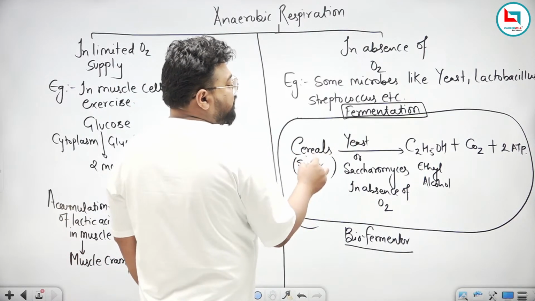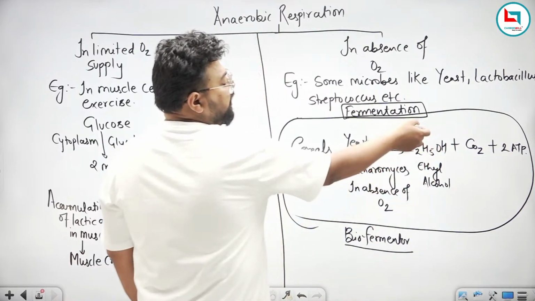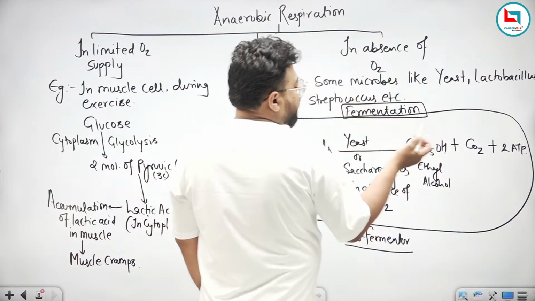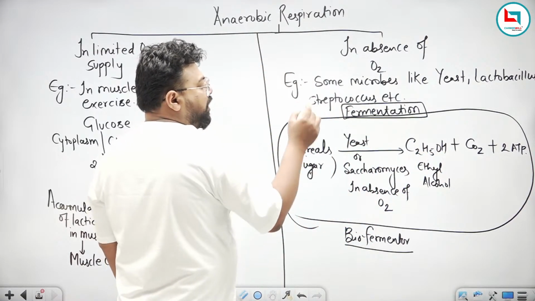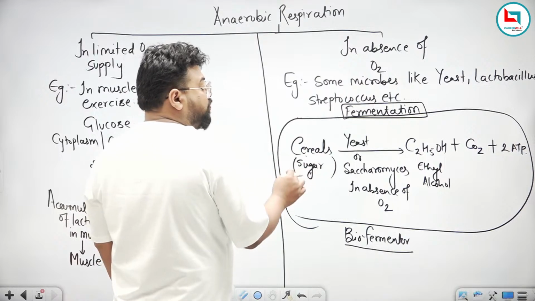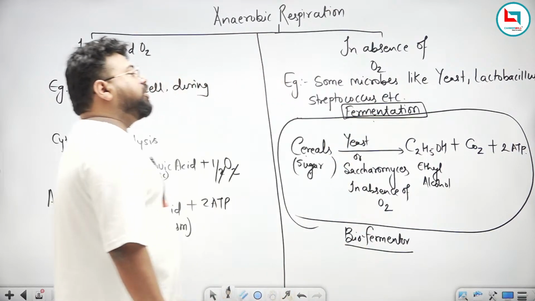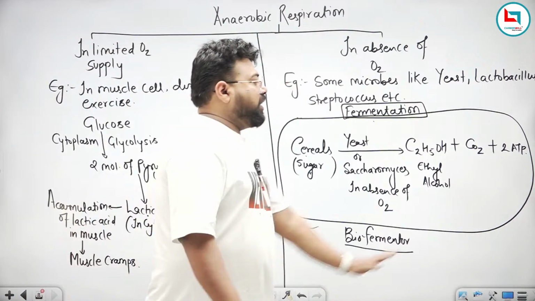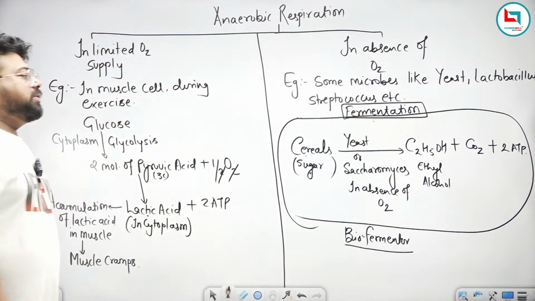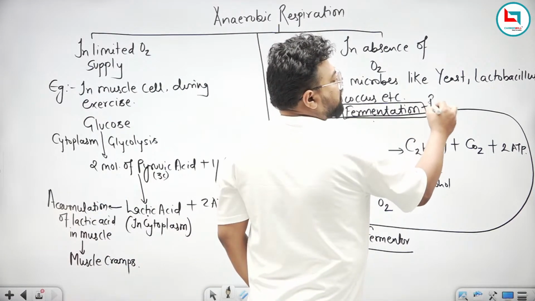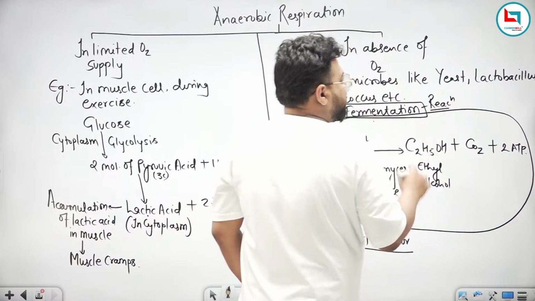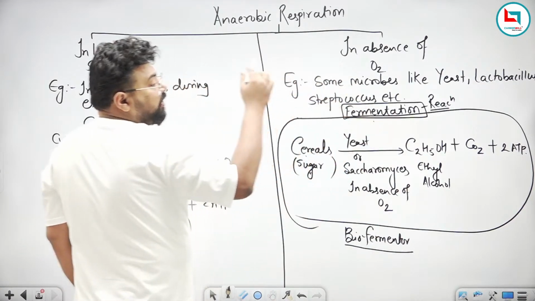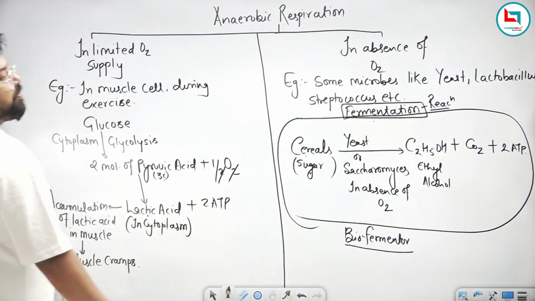The yeast will convert these carbohydrates into ethyl alcohol, plus it will release carbon dioxide and 2 ATP in the absence of oxygen. Fermentation is the name of the reaction. We simply define fermentation as the conversion of sugar into alcohol, and the device in which fermentation occurs is called a biofermenter.